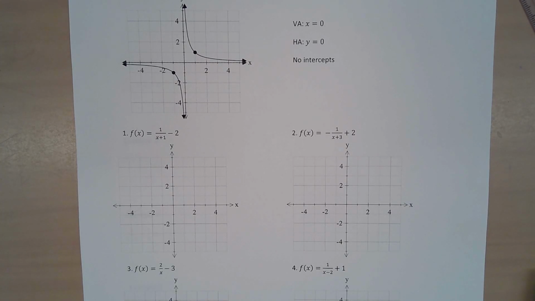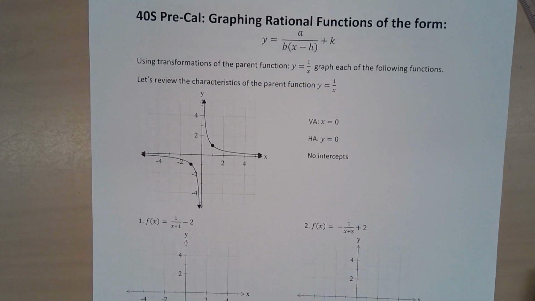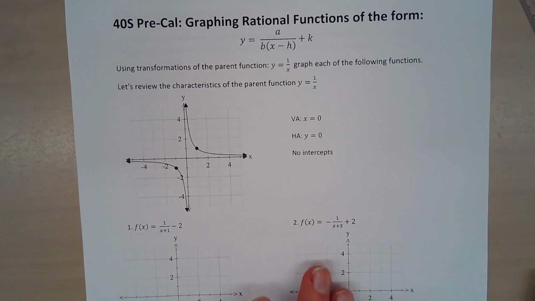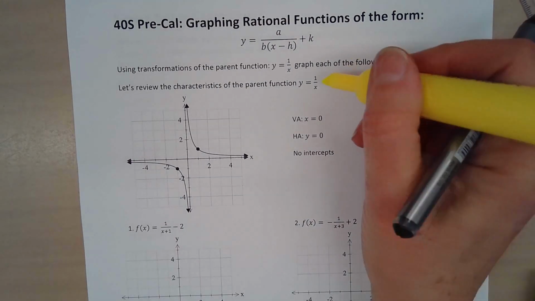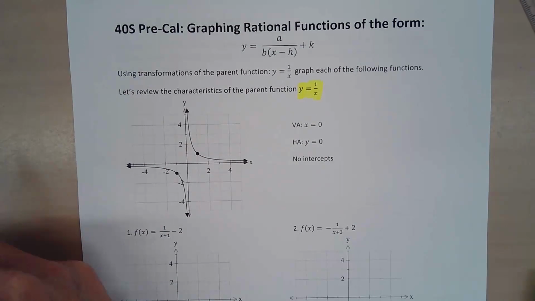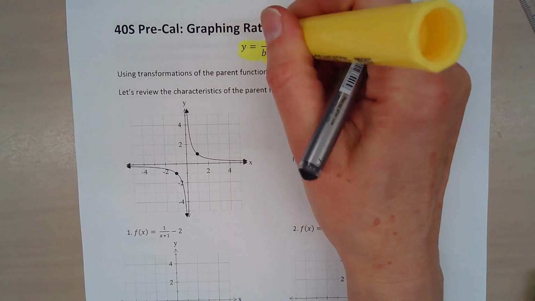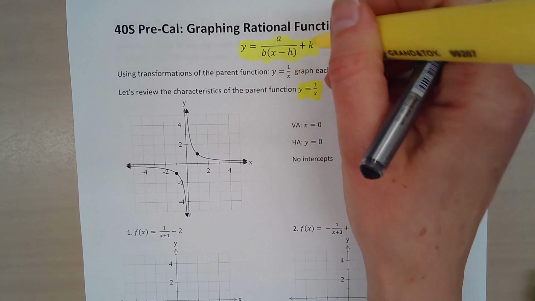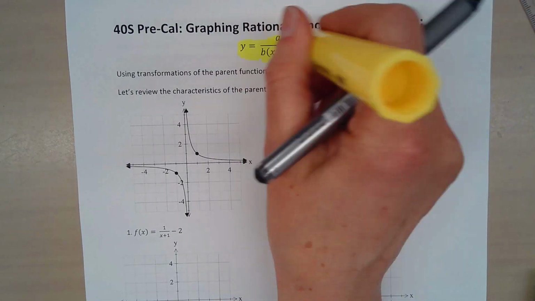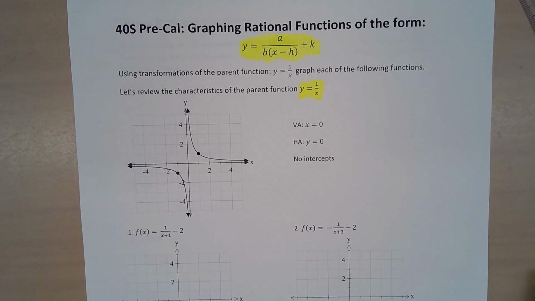But what I want you to notice, and I did mention this in class and in your notes, is that this is our parent graph, right? This is how all rationals start, the 1 over x graph, correct? So it makes sense that we should be able to graph parent functions using transformations as well.